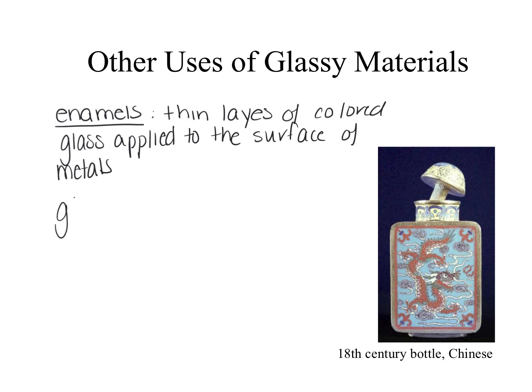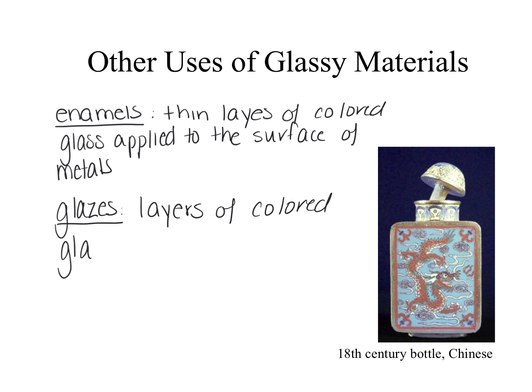Then we can also have glazes. We're going to talk about glazes more when we get to our ceramic chapter as well. But these are just layers of colored glass melted onto the surface of pottery and ceramics.